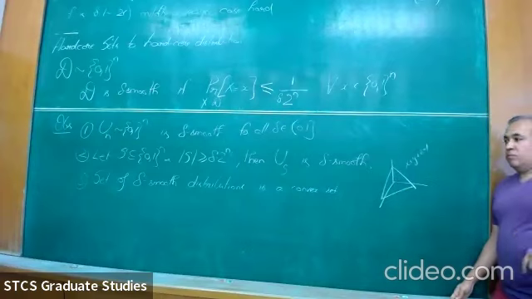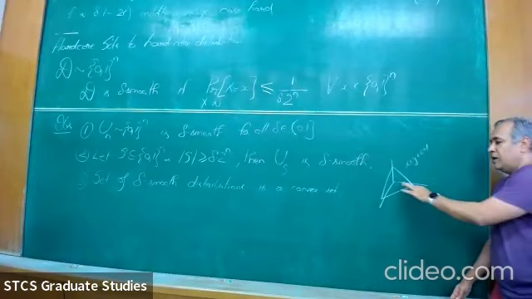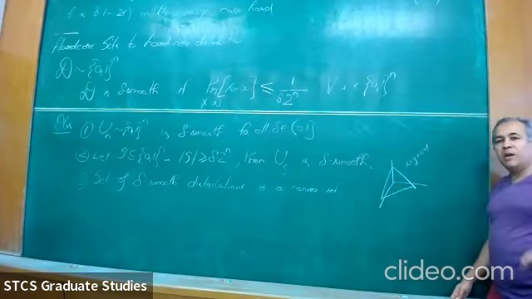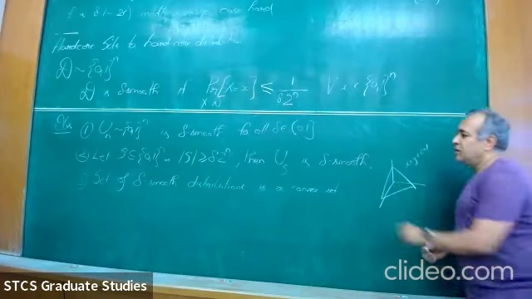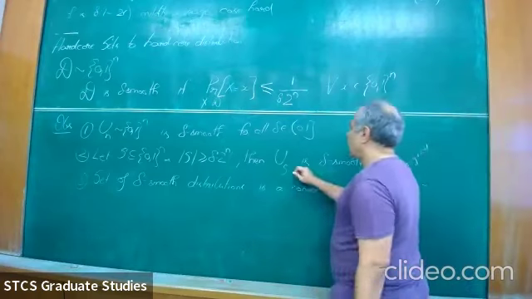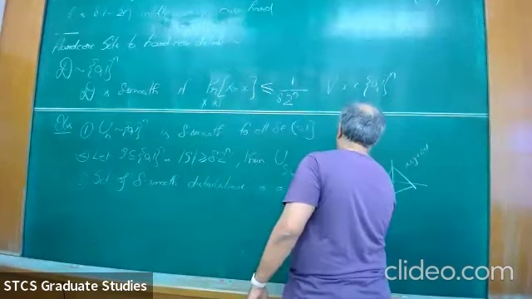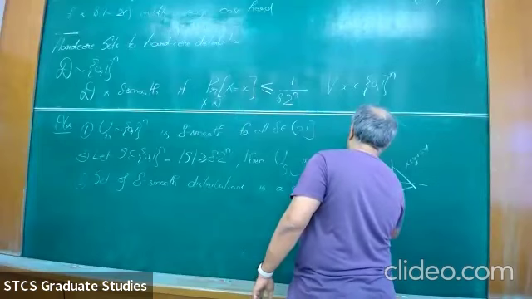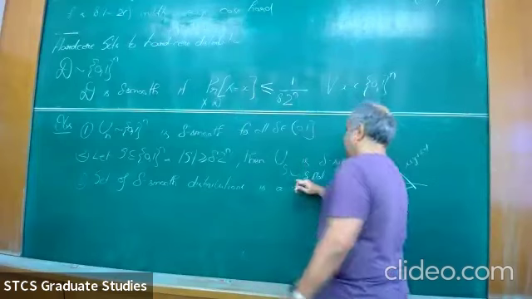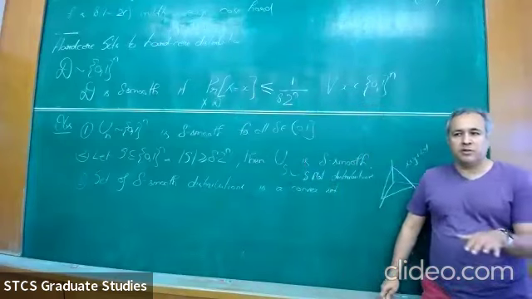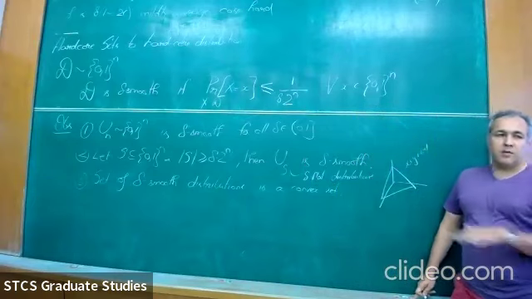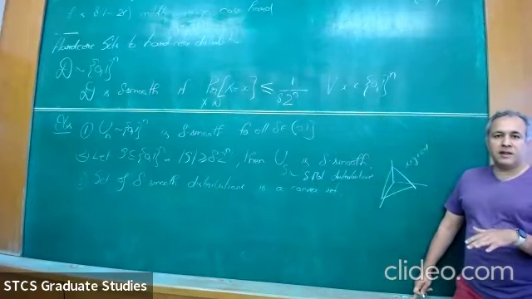I want to further claim that any delta smooth distribution can be written as a convex combination of delta flat distributions. These are called delta flat distributions because they are delta smooth distributions arising by taking a flat, uniform distribution over a set of size at least delta times 2 power n.